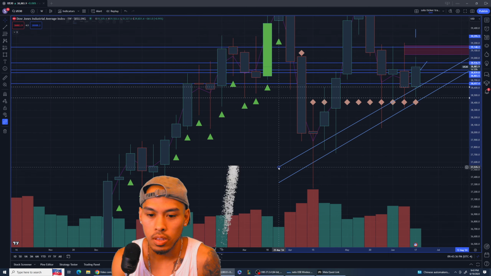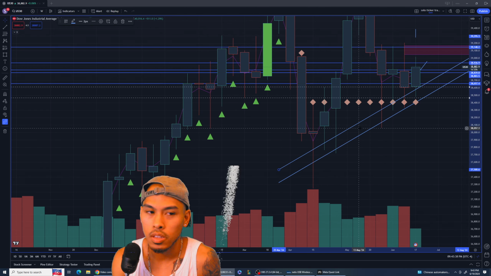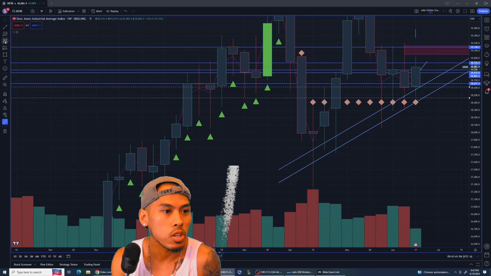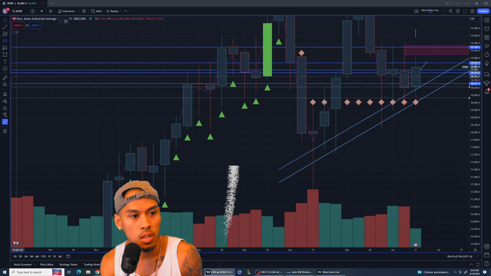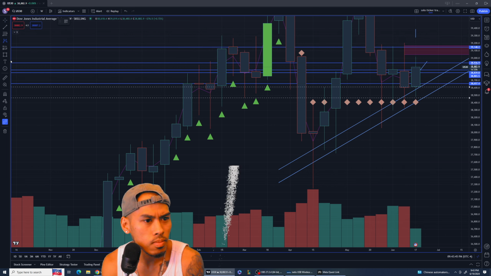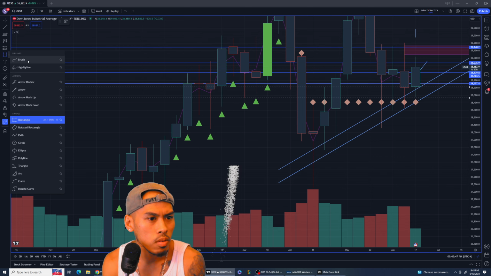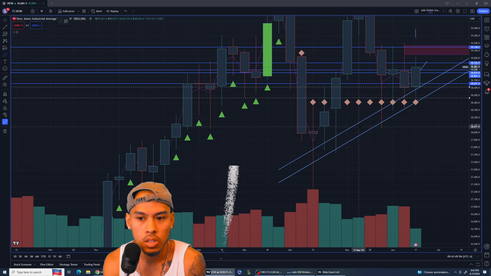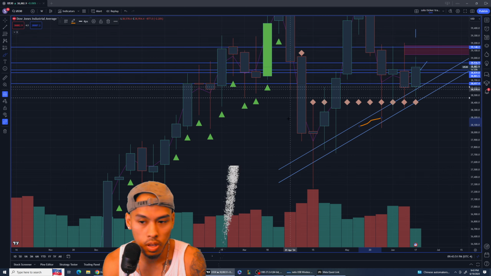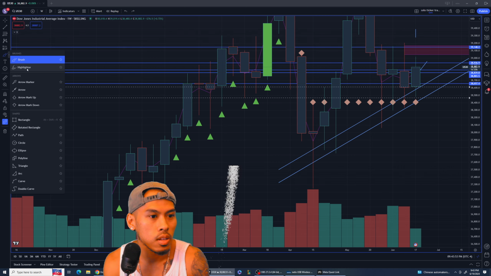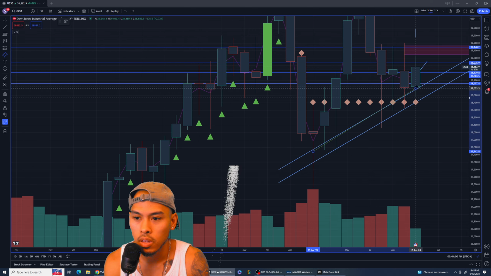Let's see if I can color this. Let's get a brush. I'm at a highlighter. Oh, rotated rectangle. How about that?